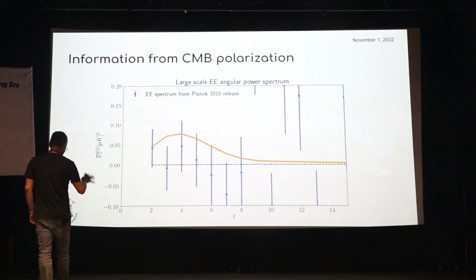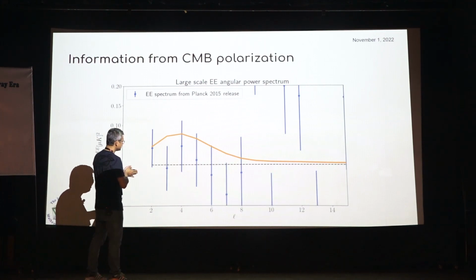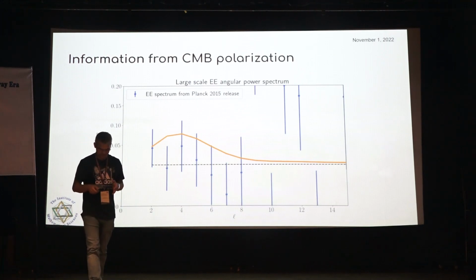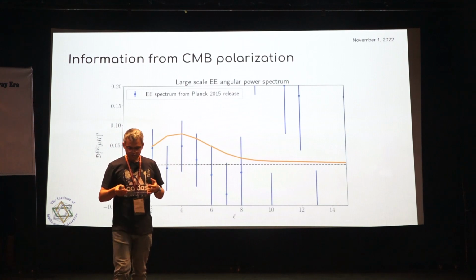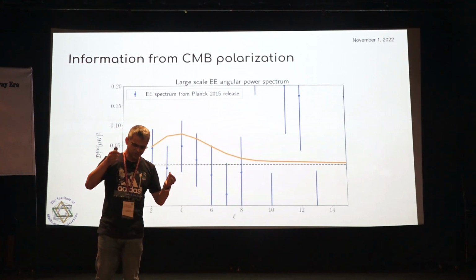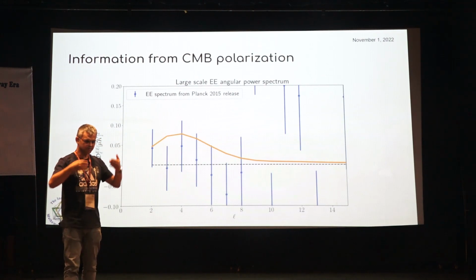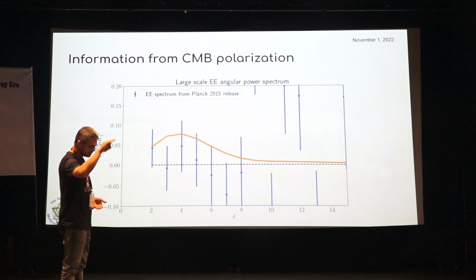But where does the most important information from the CMB come in the field of reionization? First, there is the temperature anisotropy power spectrum. However, I do not call it the most important information because that part is completely degenerate with the amplitude. If you have free electrons, they are shielding the photons and your intensity drops.